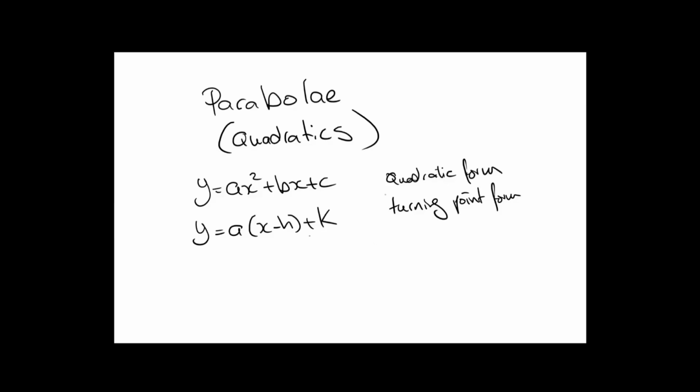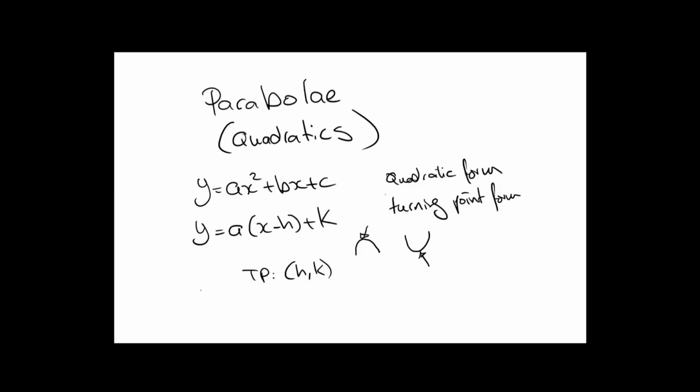So what exactly do these h and k mean? The turning point, that is that point right there, or that point right there, the maximum or the minimum, is at the point (h, k).